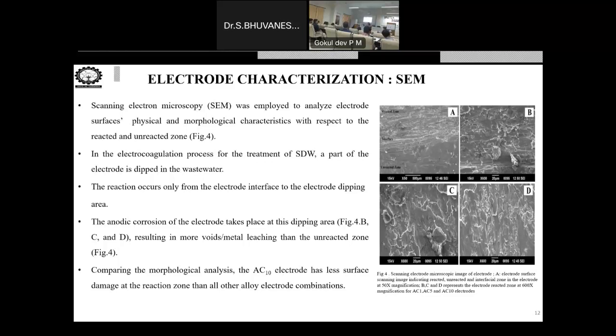So what he wants to infer is that the morphological analysis of the AC10 electrode shows less surface damage at the reaction zone than all other alloy electrode combinations. He is telling that surface damage is very less in AC10 compared to AC5 or AC1. Can you tell me why?